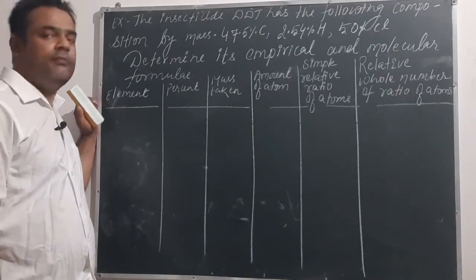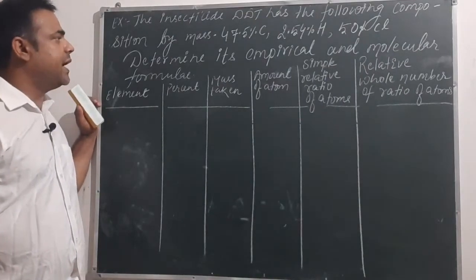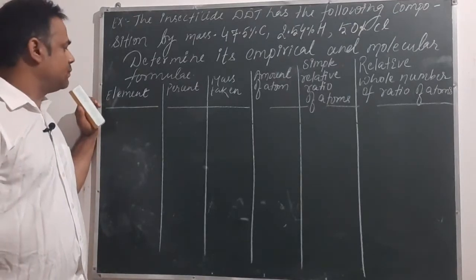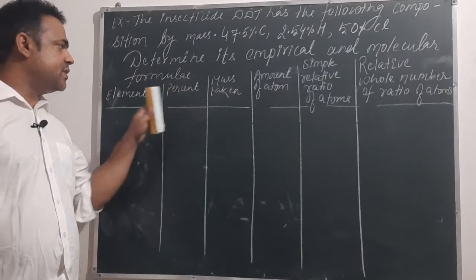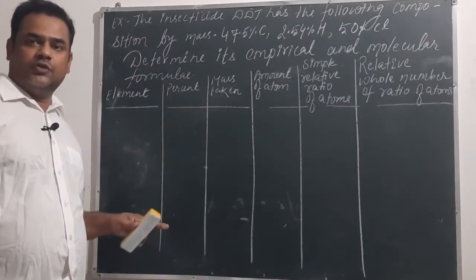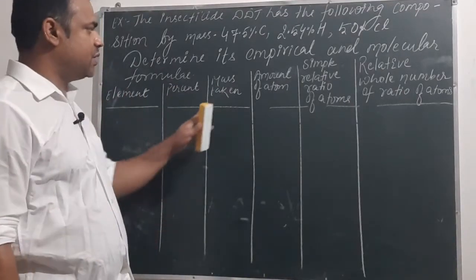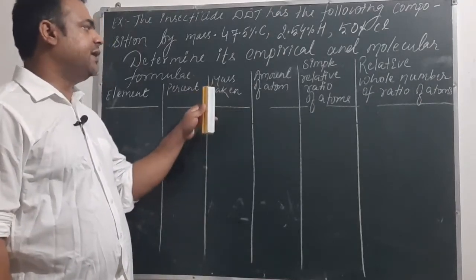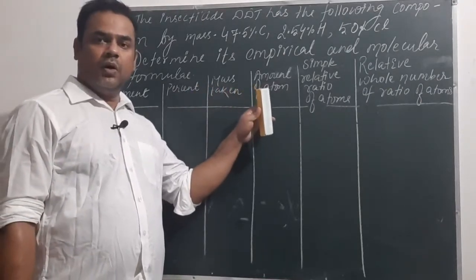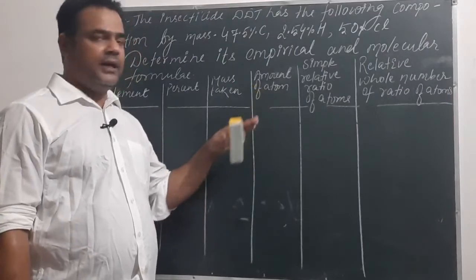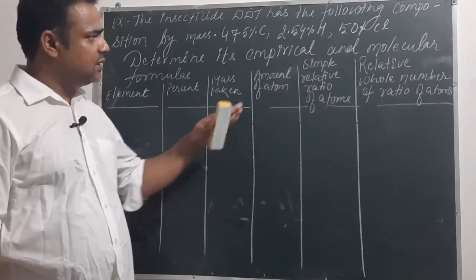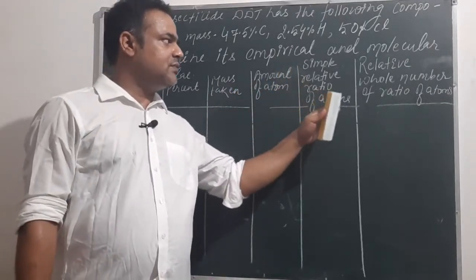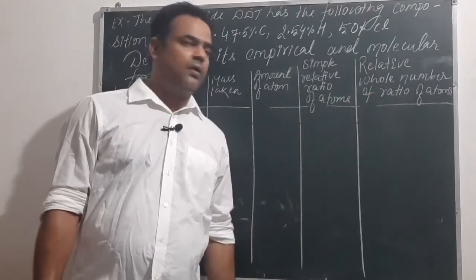With the help of these values we have to determine its empirical formula and molecular formula. So first we'll make a column of elements, then the percent of that element, then the mass taken, then the amount of atoms determined by dividing the mass of the element by molar mass, then the simple relative ratio of atoms, and finally the relative whole number ratio of atoms.